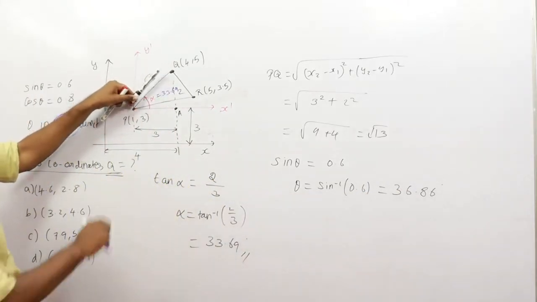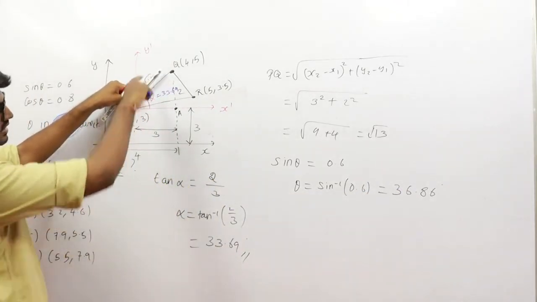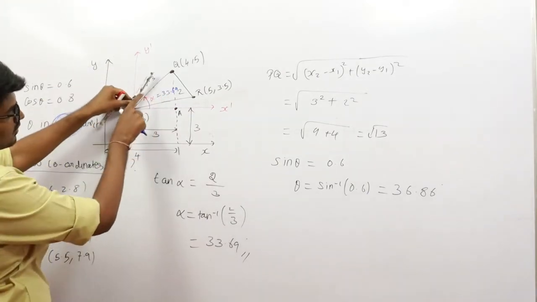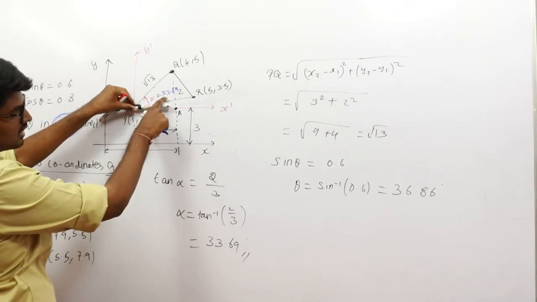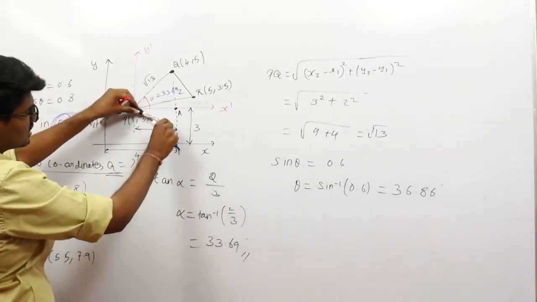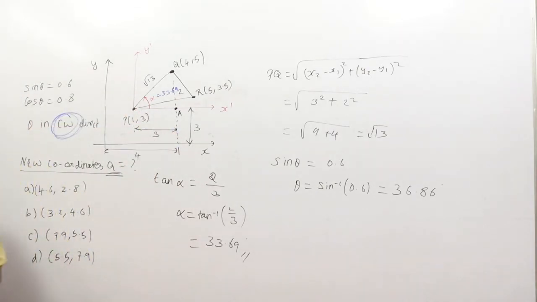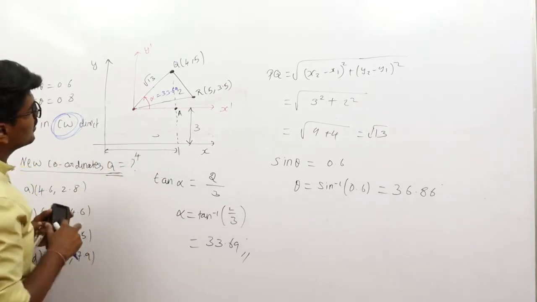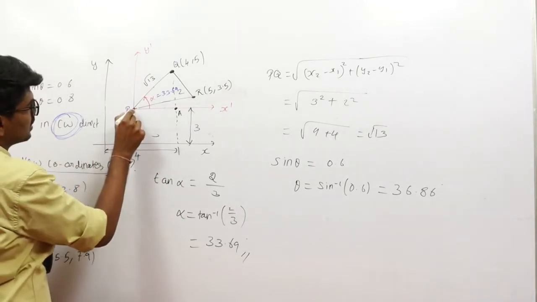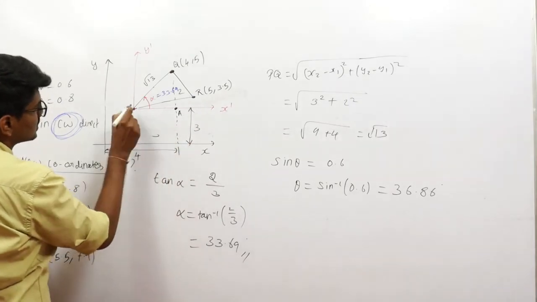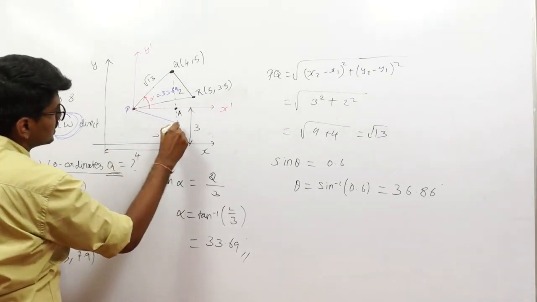So PQ will be rotated by 36.86, which means from here until I reach here it is going to be 33 only. So from here I need to rotate it further, and it will reach somewhere here. If I erase this and show you, this is how our new PQ will look, not like this, somewhat like this.